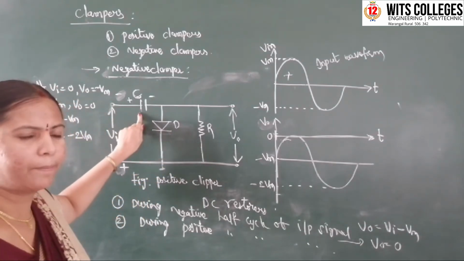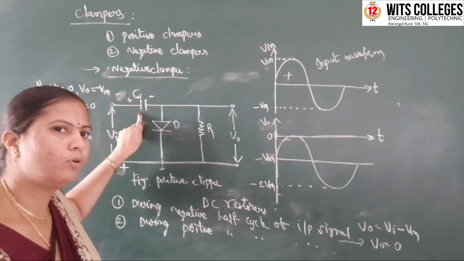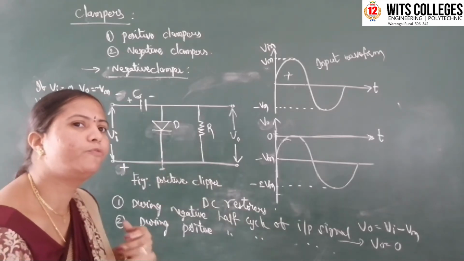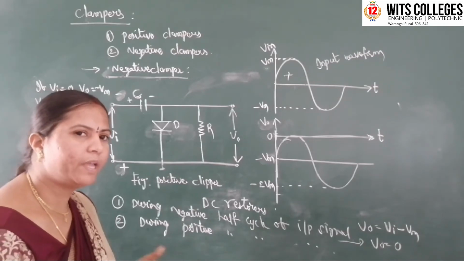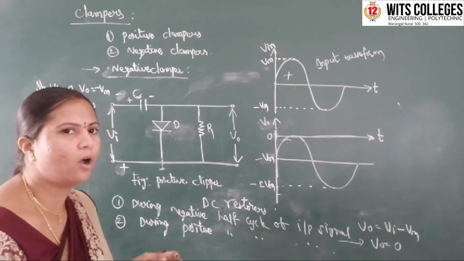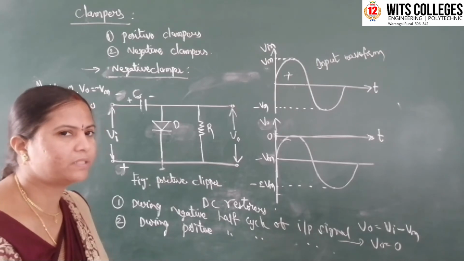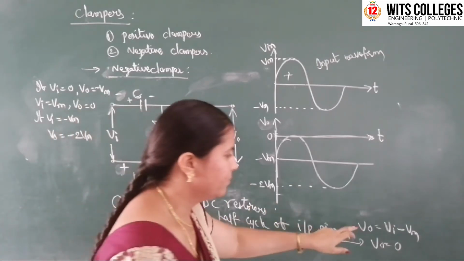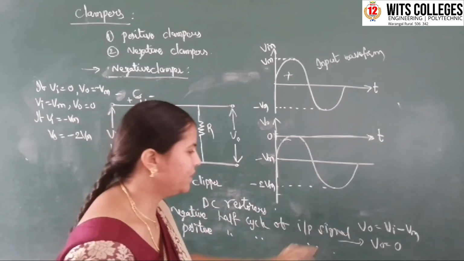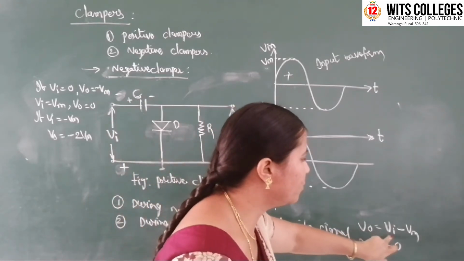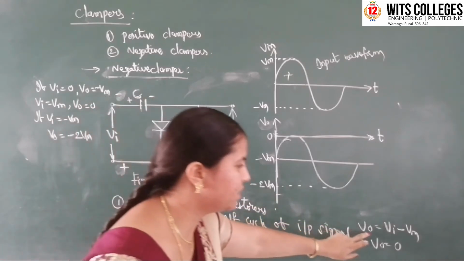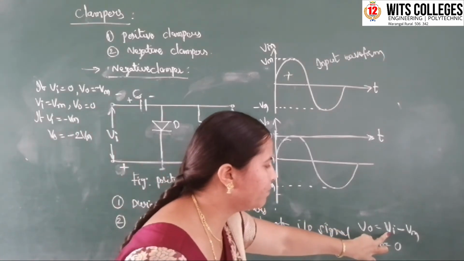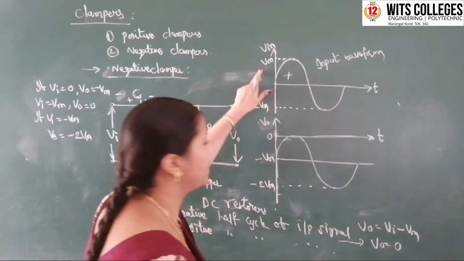The capacitor is fully charged up to Vm, and during the discharging time, the output voltage V0 equals Vi minus Vm. Vi is the input voltage and Vm is the maximum voltage.